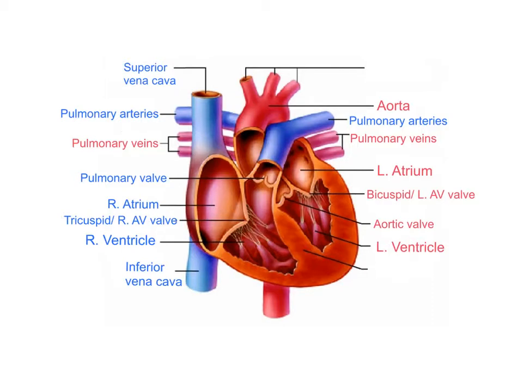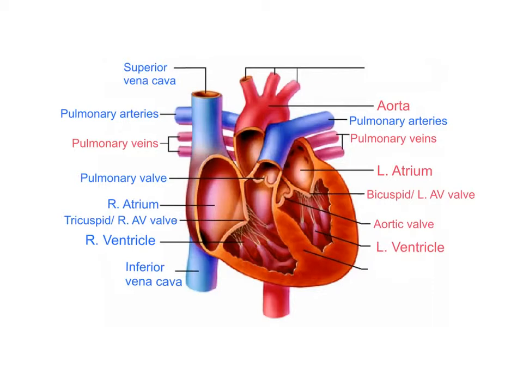Once it has that oxygen, it's going to come back toward the heart through the pulmonary veins. Again, we have the right and the left side. And the pulmonary veins will enter, the blood will enter after that into the left atrium. So hopefully you got that.